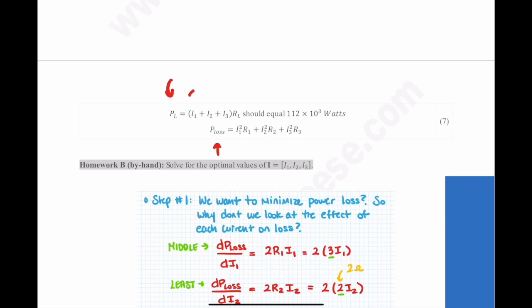This is essentially dictated by what we call Ohm's law. We're going to learn about that a little bit later. This one is derived from the expression S equals VI, and we make some substitutions in there, which I'm not going to show. Now, this is a homework problem. I'm going to go ahead and show the answer.